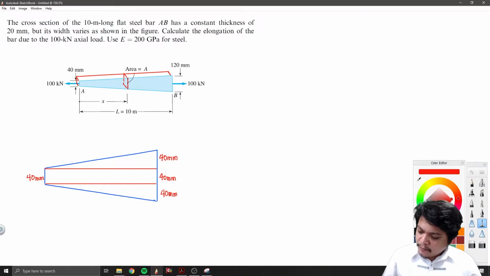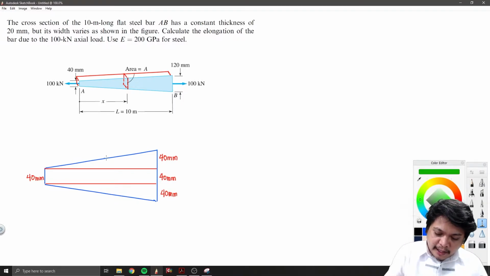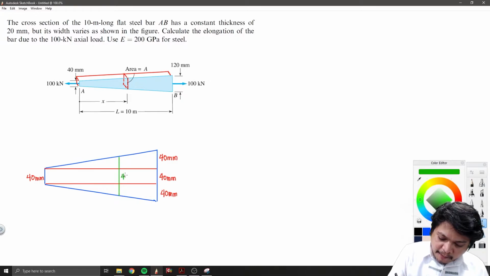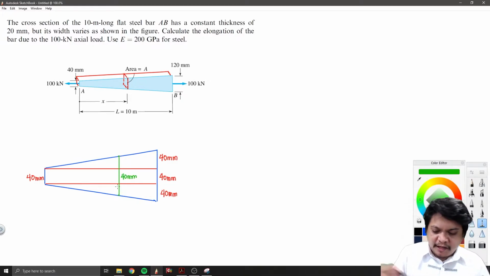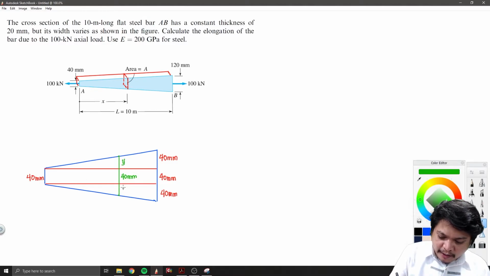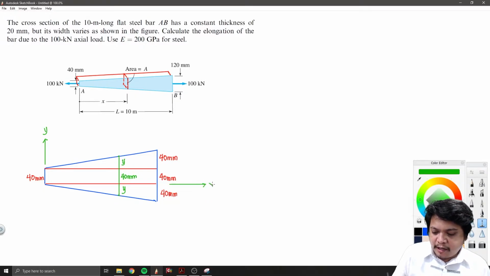Okay? Ngayon, at any cross-section, kahit saan, for example, dun sa line of X natin, this is 40 mm, constant. Ito hindi natin alam. Tawagin ko yung Y. Kumbaga, ito yung aking Y direction, tapos ito yung aking X direction.